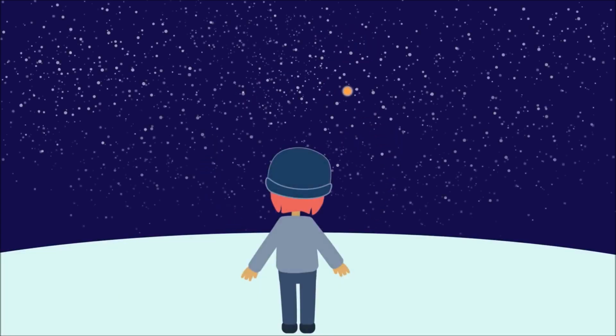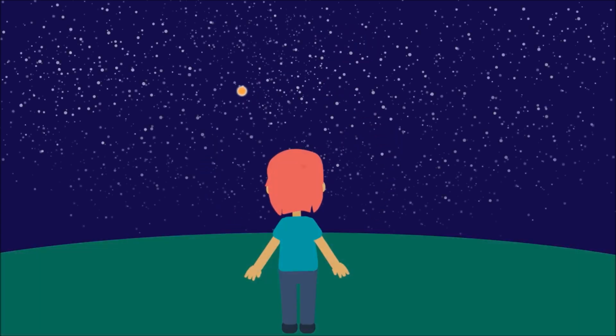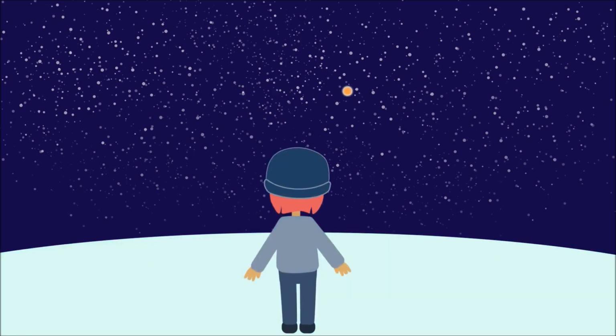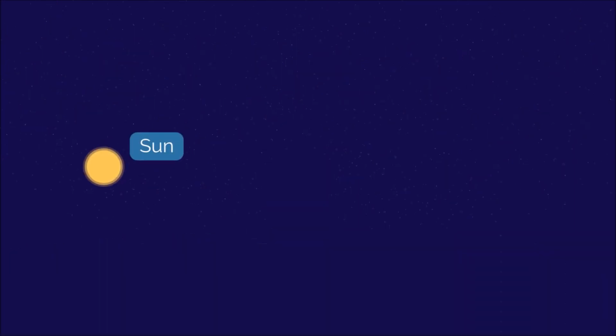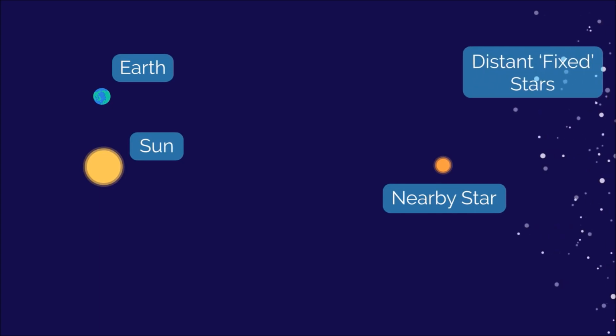The same thing happens as the Earth moves around the Sun. Over the course of a year, some stars appear to move a very small amount relative to other stars. Like the trees along the side of the road, these stars are just closer than those that don't seem to move. Actually, all stars are moving through space, but much more slowly than parallax, so we don't notice.